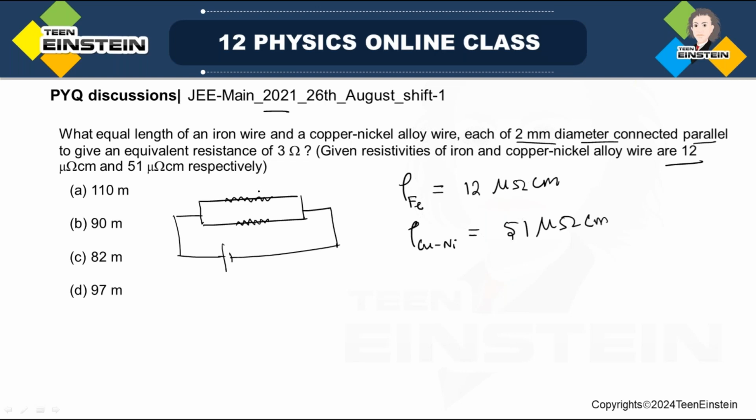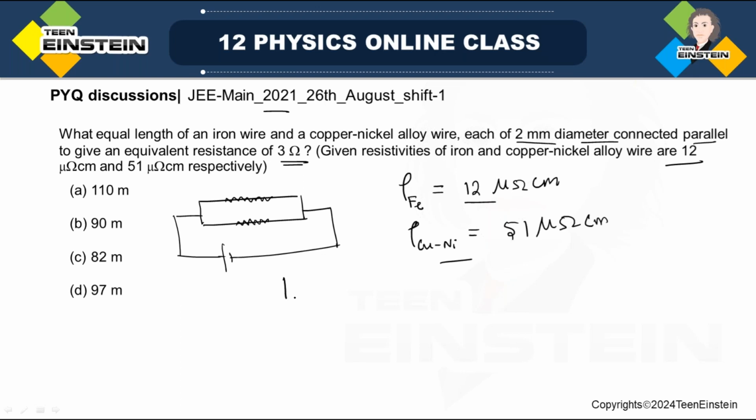Equivalent resistance is given, but resistances of these resistors are not given. Instead, you have been given the resistivities of the corresponding wires, right? So you have to find out the length of these wires such that you get equivalent resistance of 3 ohm, and the resistors are connected in parallel, as you know.